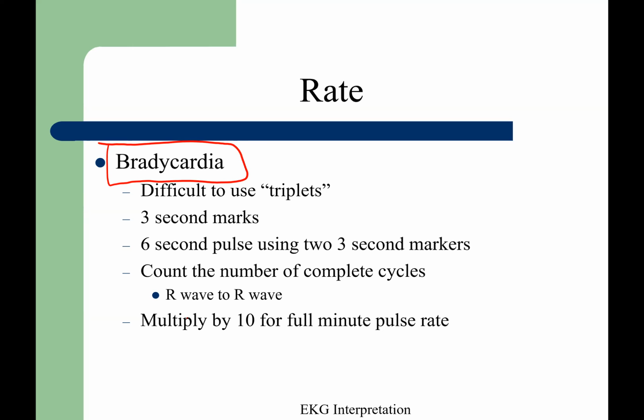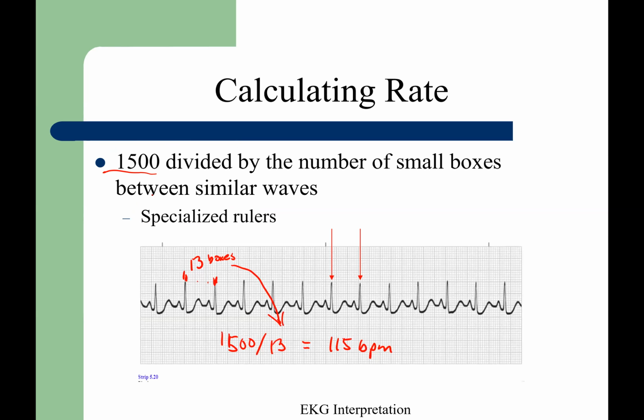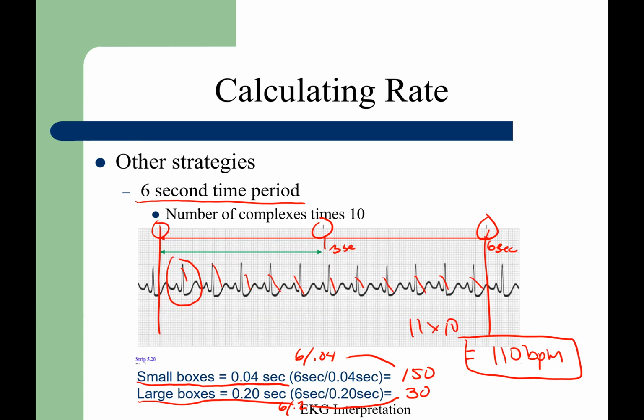So you can use the 1500 method, or the 6-second or 3-second marking. If you use a 3-second marking, instead of multiplying by 10, you would multiply by 20, because you need to get to 60 seconds in 1 minute, because remember, we're beats per minute.